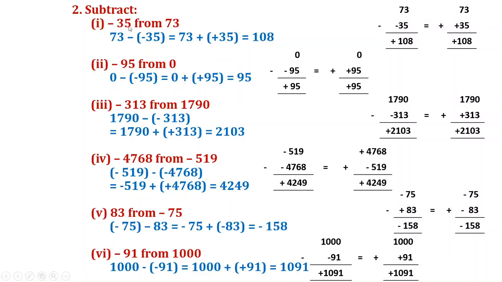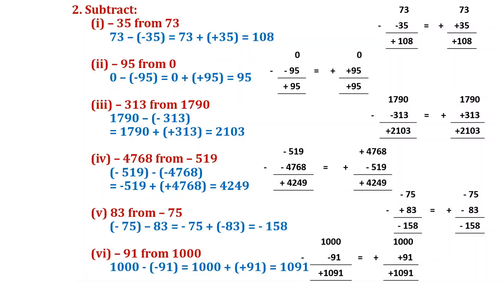And minus 35 means it is a negative 35. This minus belongs to the 35. It should not belong to the operational sign minus. So don't confuse the operational sign minus and the integer sign. A negative sign in front of the number gives the negative sign. Here minus indicates the subtraction sign.